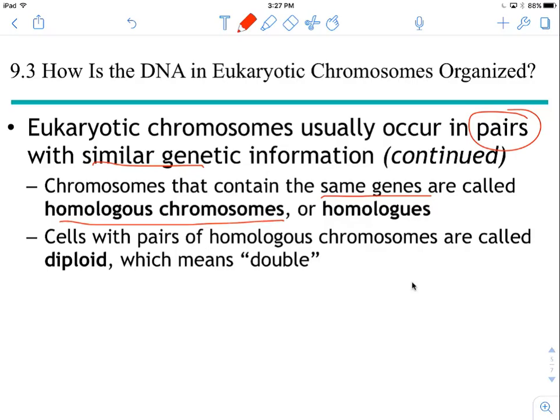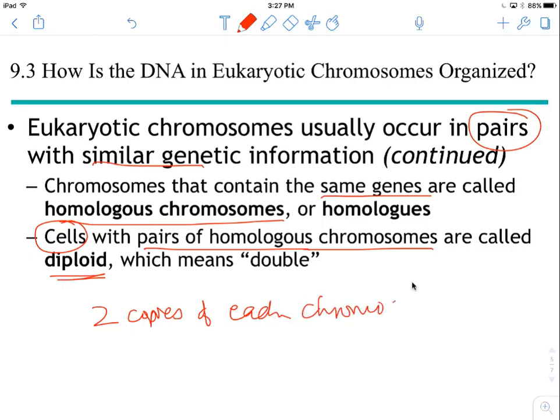If you have a cell with pairs of homologous chromosomes, that cell is called a diploid cell. So it has 2 copies of each chromosome. We call that diploid.